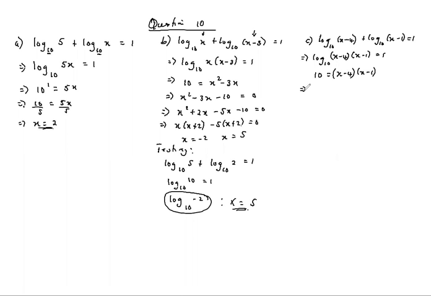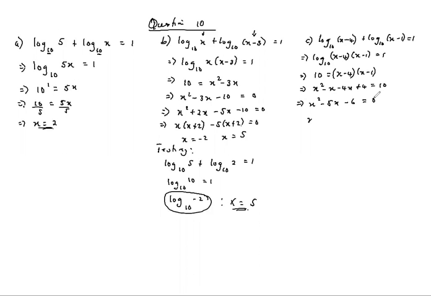So this is a quadratic that you get as x squared minus x minus 4x plus 4 is equal to 10. So you get x squared minus 5x minus 6 is equal to 0. When you bring 10 the other side, it will come as negative.